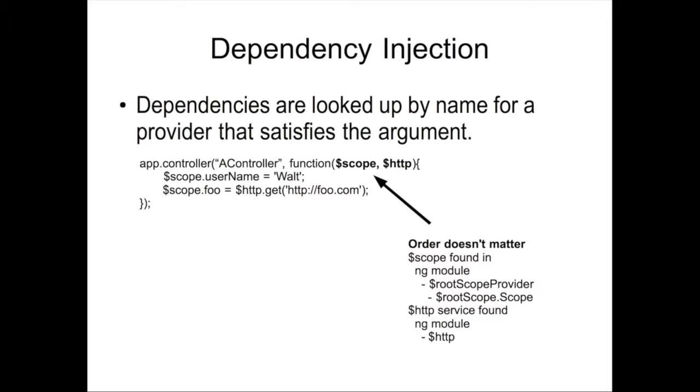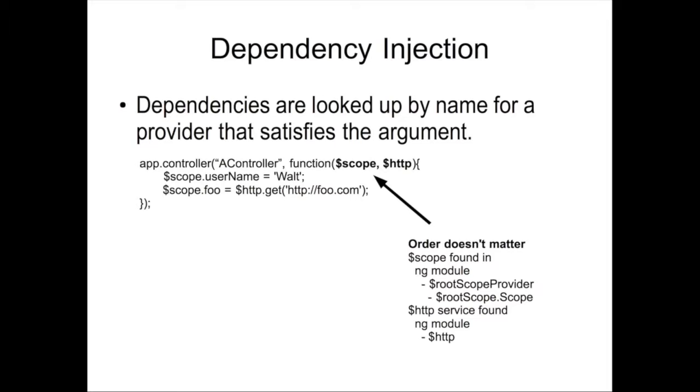Think of these as like app.directive, $http being baked into Angular itself. They're just Angular provided objects. So when you're doing dependency injection, you describe your controller and then you follow it up with a function and you put your injectables in there. Order doesn't really matter.